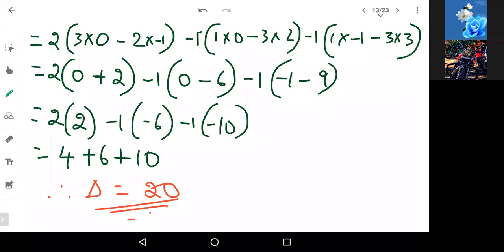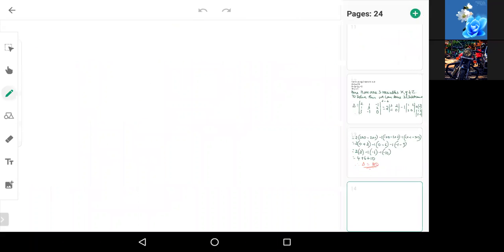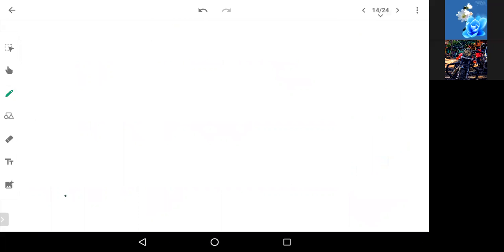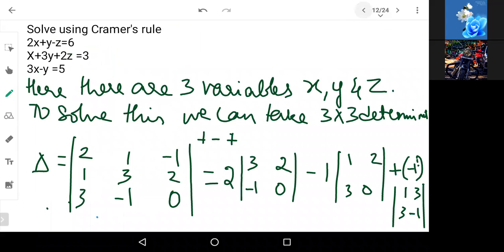Now let us go on and find delta x. To find delta x, I first have to determine the determinant. Going back to the question, the constants are 6, 3 and 5.